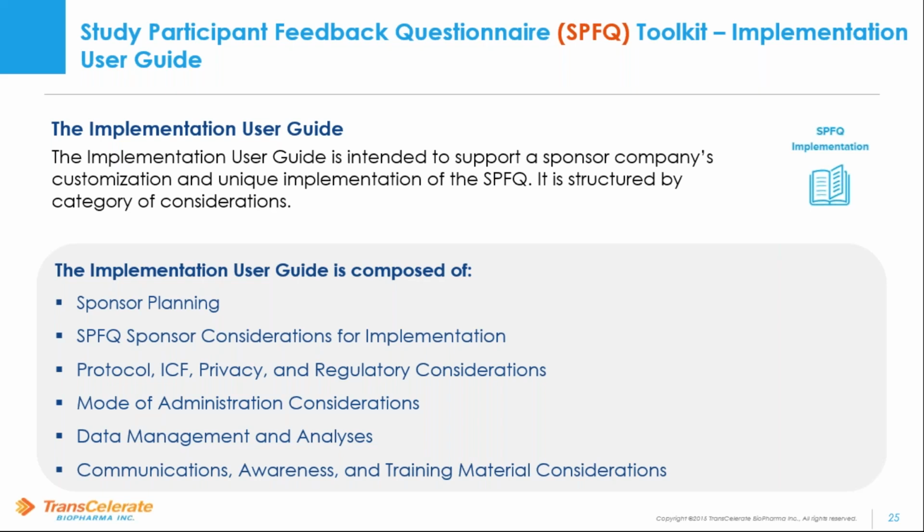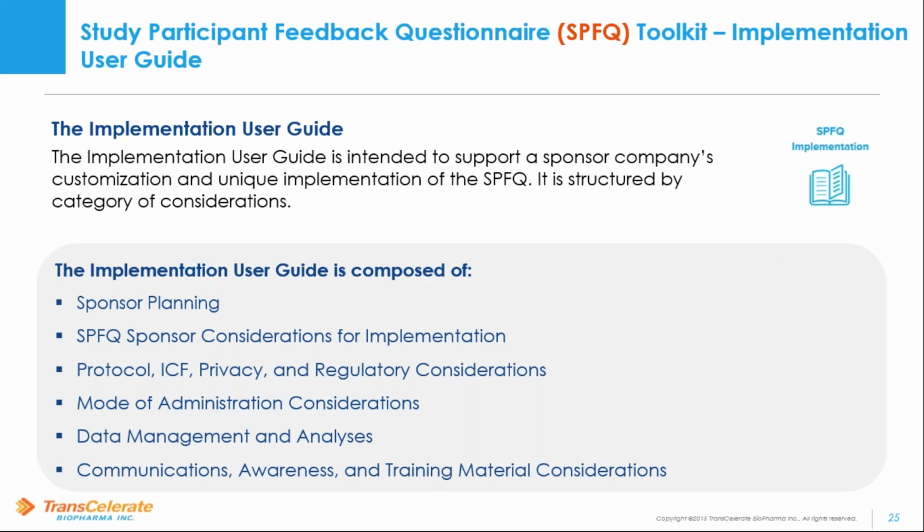So we said we needed to spend as much time planning the support information and user guide for our own internal teams and our partners as we did developing these questionnaires.